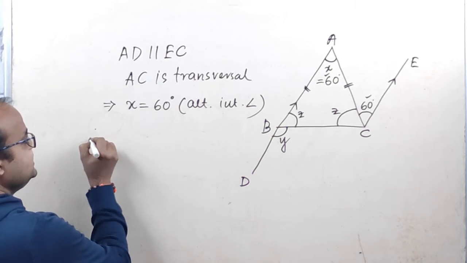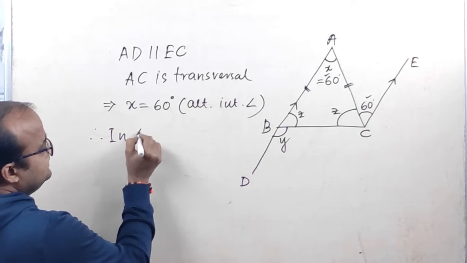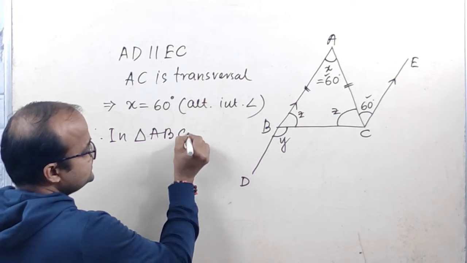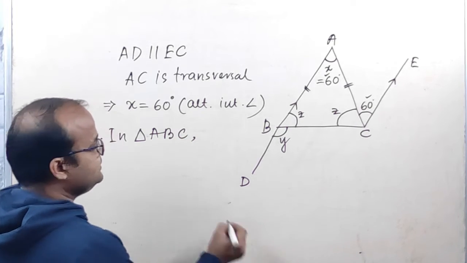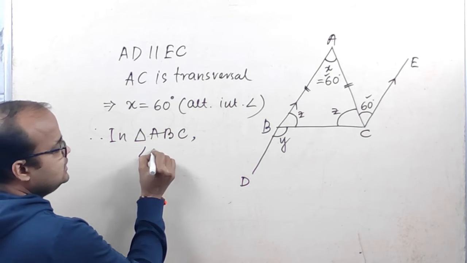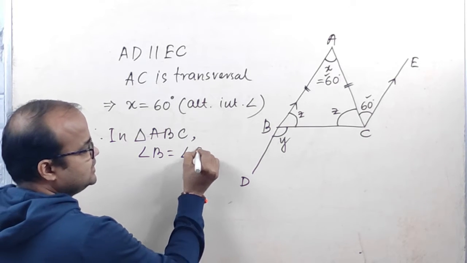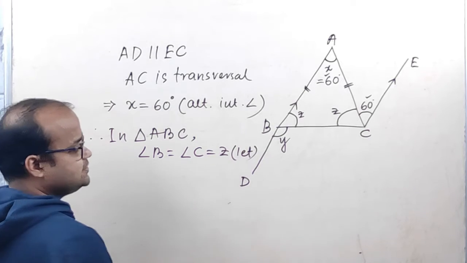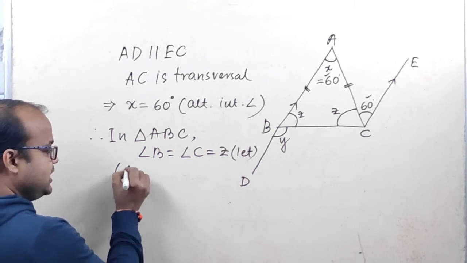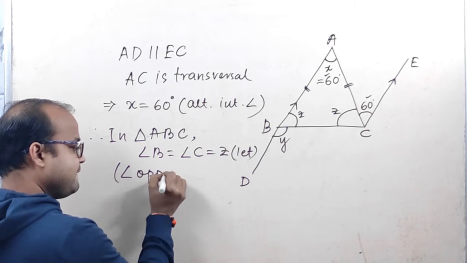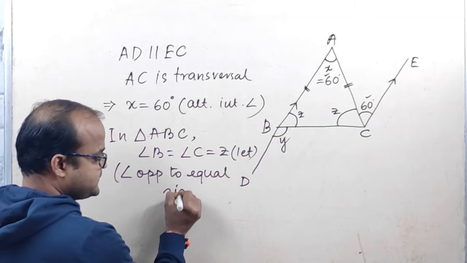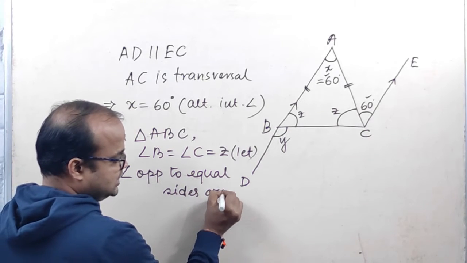So in triangle ABC, angle B equals to angle C equals to Z. Reason: angles opposite to equal sides are equal.